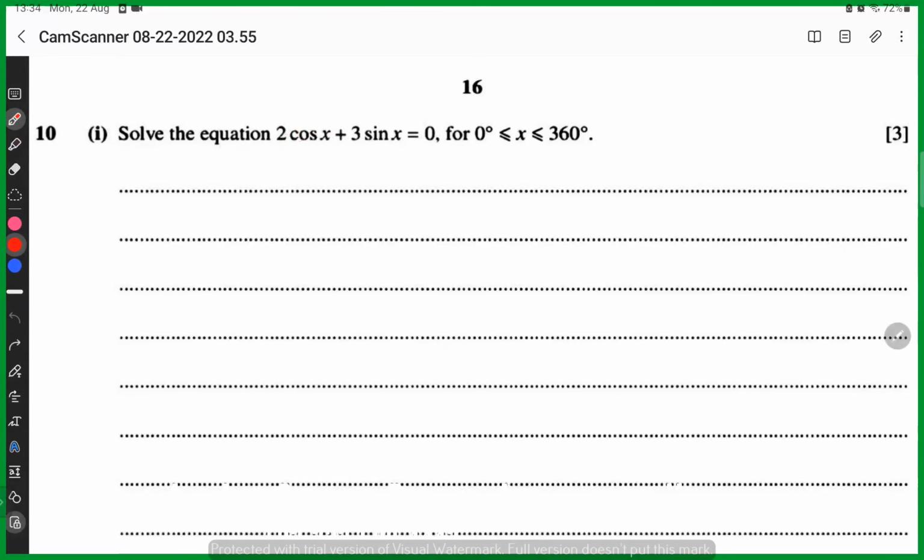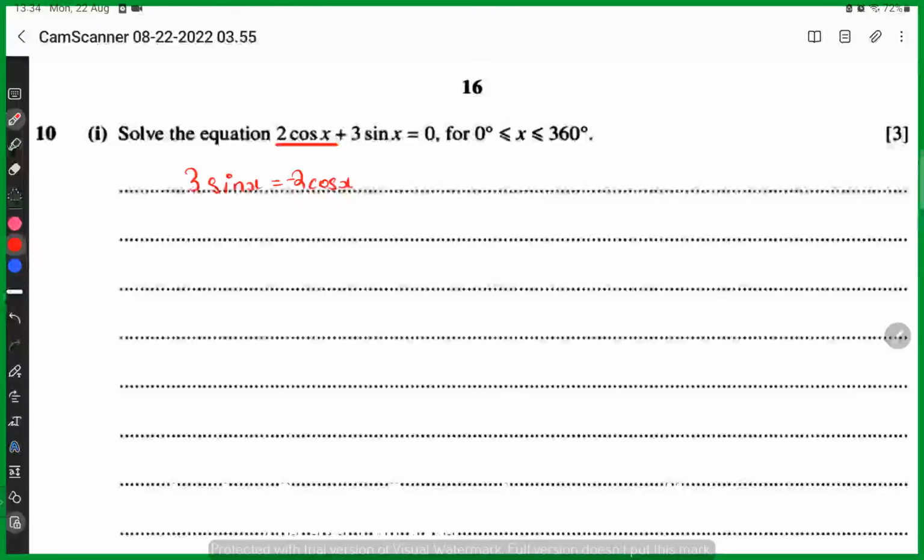So what I am going to do is I'll just take this entire part 2 cos x on the right hand side, and I am going to get 3 sin x equals minus 2 cos x. Okay, so this was 2 cos x here. When I take it on the right side, this becomes minus 2 cos x.